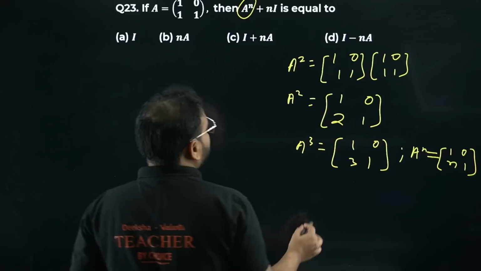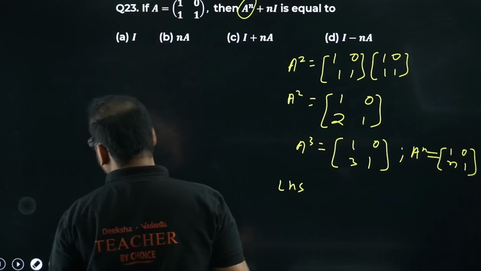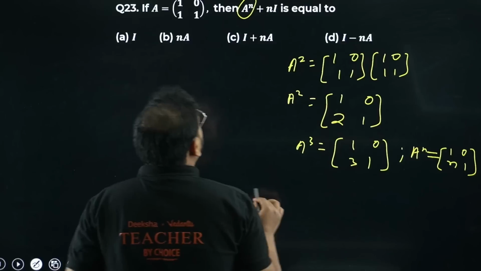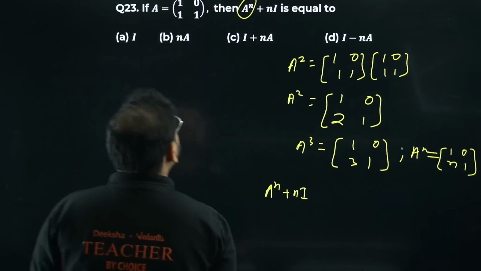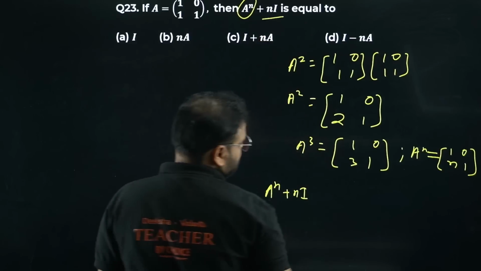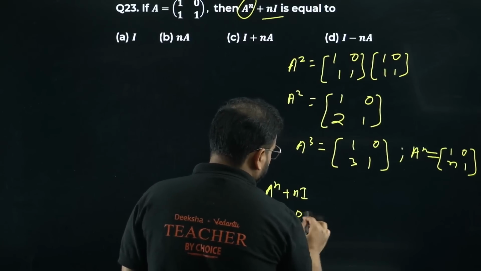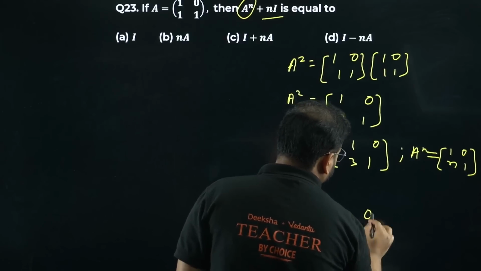Now, what we are asked to find, sir, is A^n plus nI. So let's see over here what I have. I have [1, 0; n, 1] plus nI, which means [n, 0; 0, n].